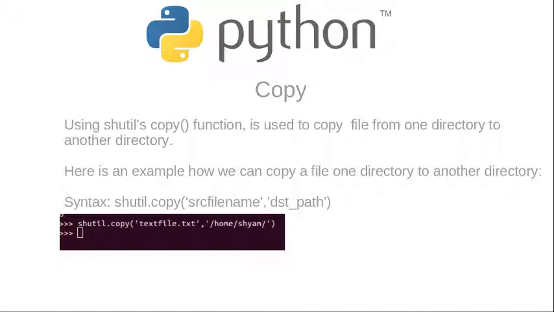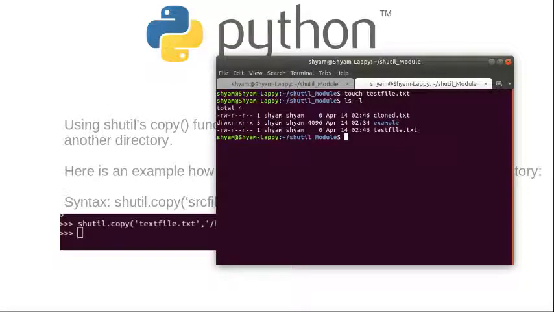Now let's see the next function called copy. The copy function is used to copy a file from one directory to another directory. So copy can be used to perform a standard copy operation. Let's see how it works. Let's say I want to copy clone.txt under the example directory.